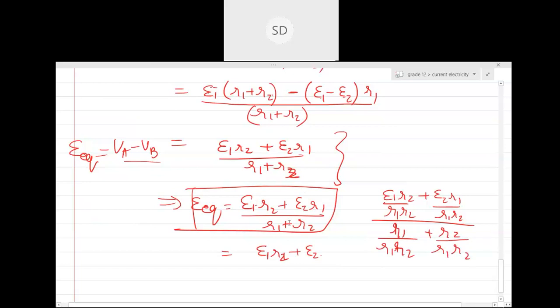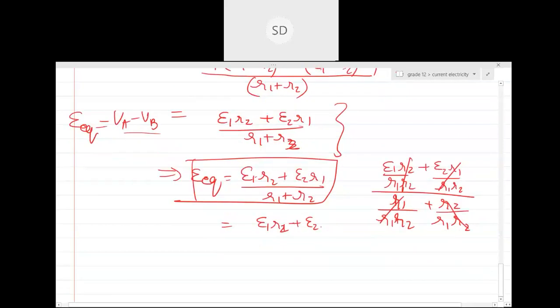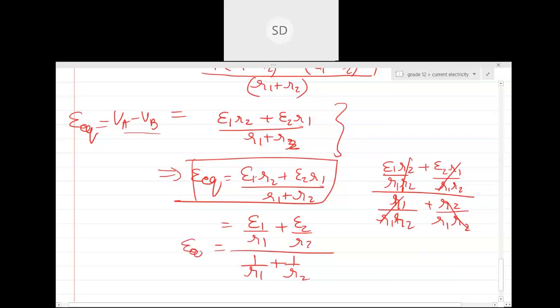Divide the numerator as well as the denominator by R1R2 and separate the terms. R2 with R2 and R1 with R1 get cancelled, and ultimately you get the final answer: E1 by R1 plus E2 by R2 divided by 1 by R1 plus 1 by R2. This is also your E equivalent.